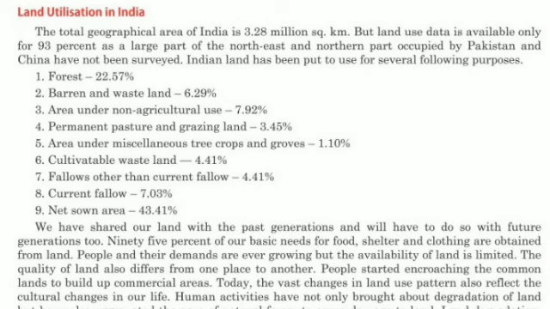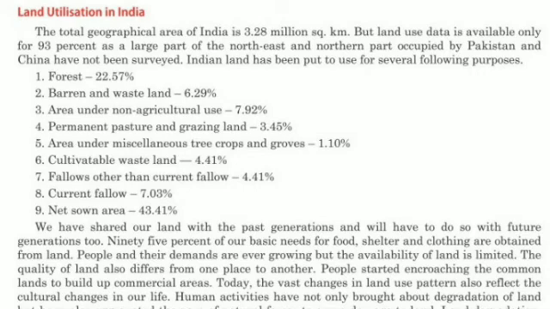The total geographical area of India is 3.28 million square kilometers. The land use data is available only for 93%, as a large part of the northeast and the northern part occupied by Pakistan and China have not been surveyed.